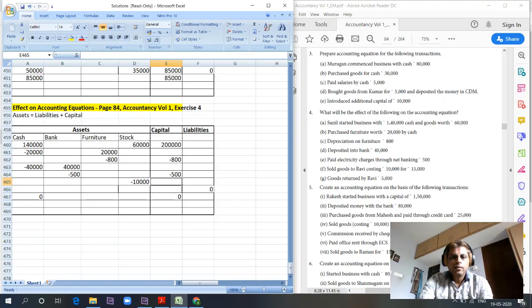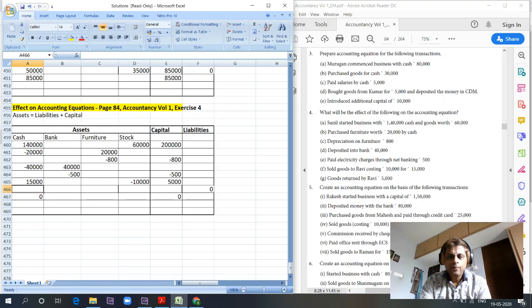What we will do is add 5,000 rupees to capital, because that is the profit we are getting. Then add 15,000 rupees to cash, because that is where you are actually getting the money. The entry will be cash account debit to sales account, right?